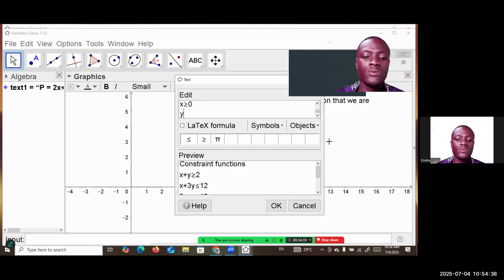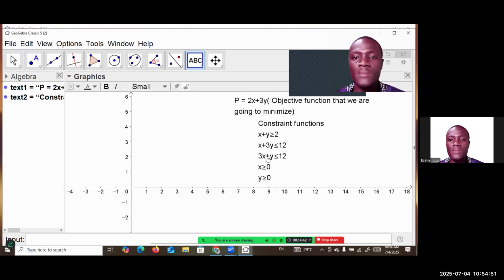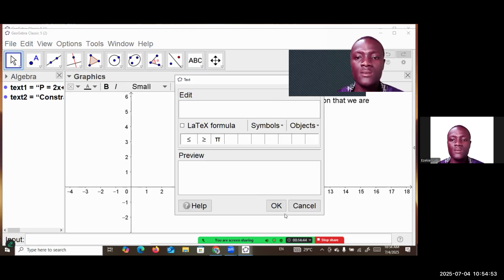Then y will be greater or equal to 0. So these are my constraint functions.